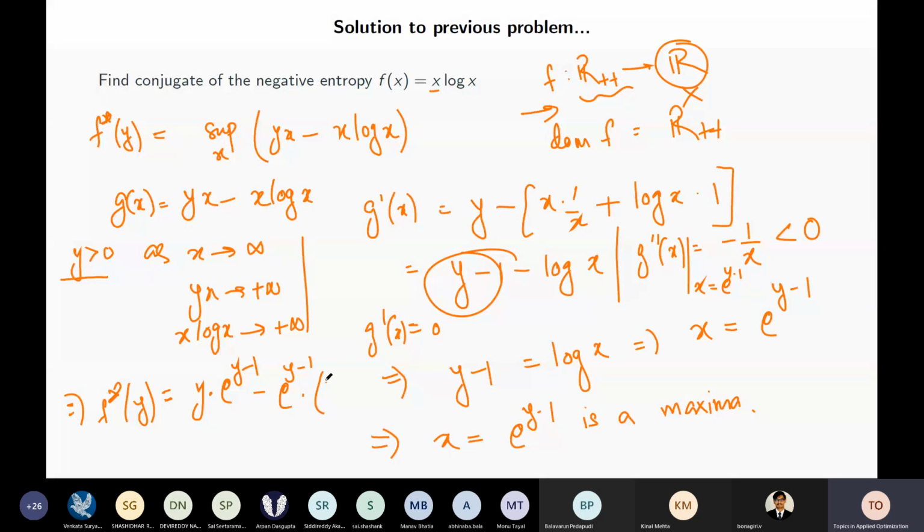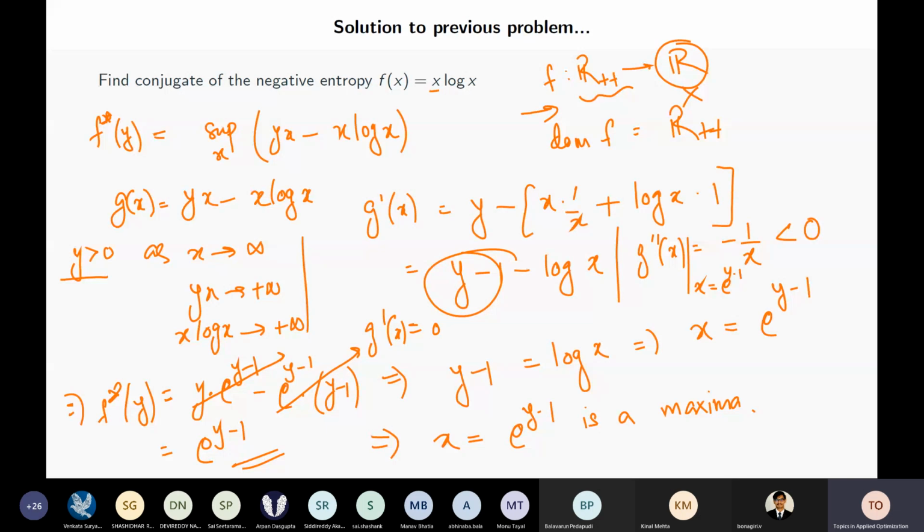So it seems like something will simplify. Overall it will be minus, because y e to the y minus 1 will get cancelled. So what is left is positive e to the y minus 1. That is f star y.